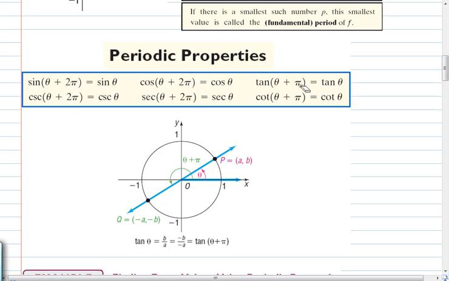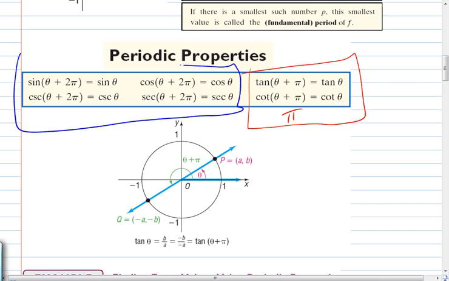We get 2 pi, but for tangent and cotangent, the period is pi, because remember, tangent and cotangent are y over x and x over y. In quadrant 1, you get the same values. In quadrant 3, you get the equal values. So the period here for tangent and cotangent is going to be pi. This is the only one that's different. This period is pi. All of the other periods are 2 pi.